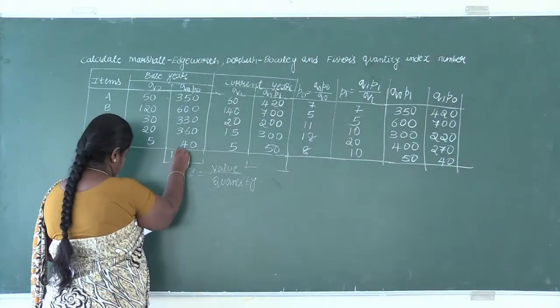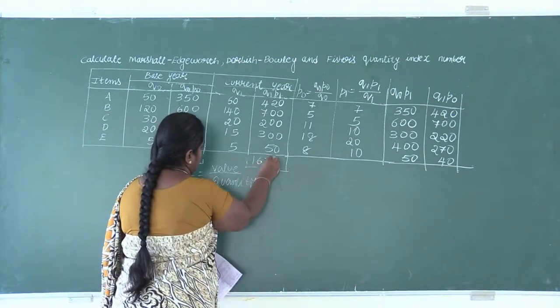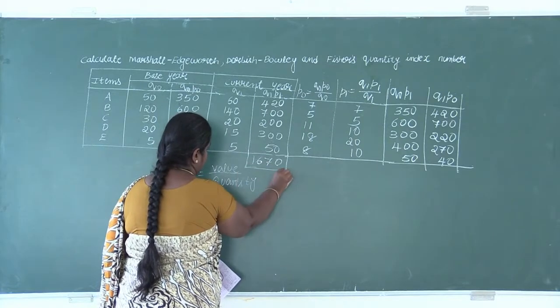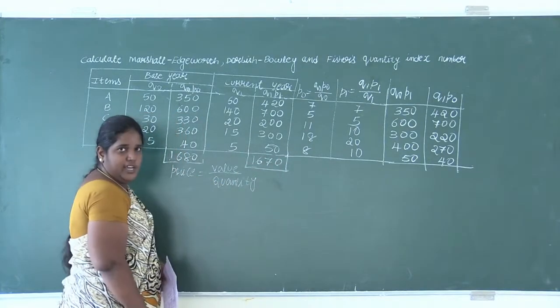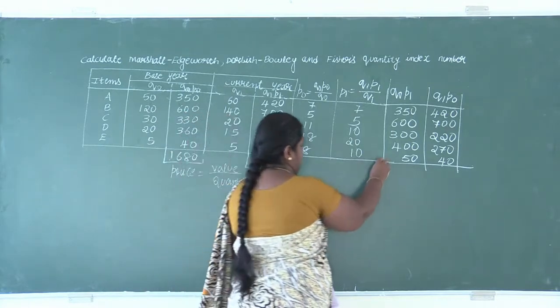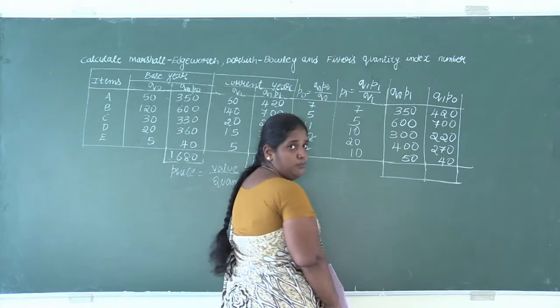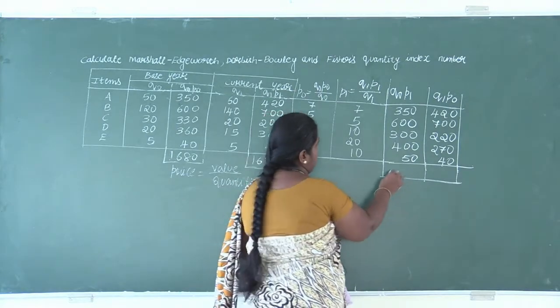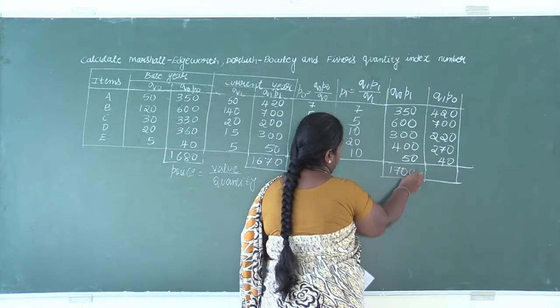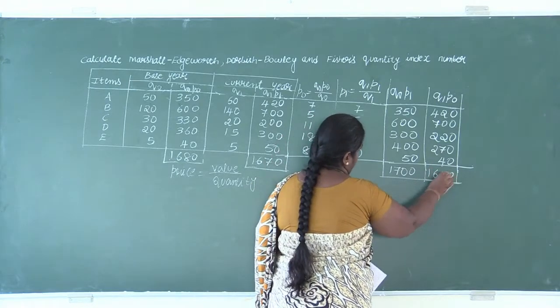When we add, we'll get 1680 and 1670, the total of the base year value and the total of the current year value. Then we need the totals of Q0 P1 and Q1 P0. So Q0 P1 is 1700. Q1 P0 is 1650.